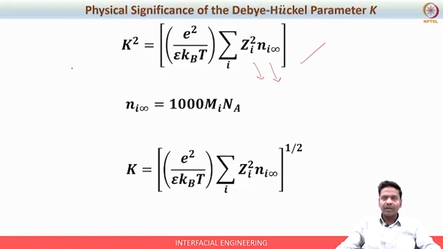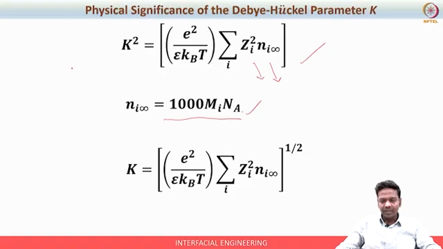Remember, it is often easy to keep Ni infinity in this form, so that whenever we deal with a problem, we deal with the molarity. So we express the concentration of salt in the form of molarity or moles per meter cube. Okay. So it is desirable to have the equation of Ni infinity in this form as described here.